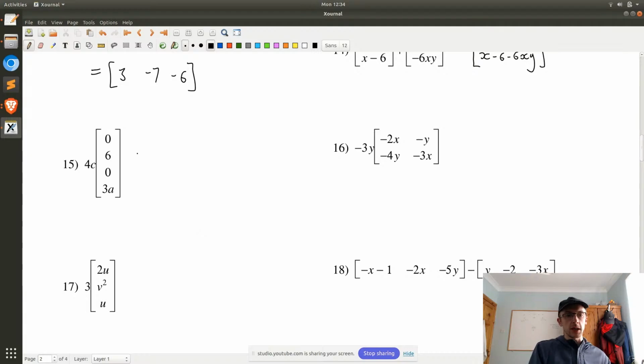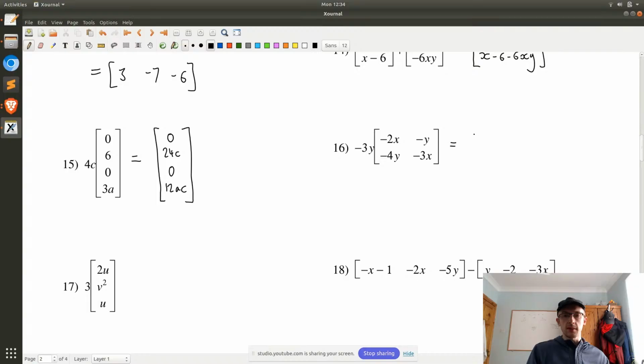We'll scalar multiply this column matrix by 4c. So we're going to have 0 here, 24c here, 0 there. Now what's 4c times 3a? Well, that would be 12ac. Bingo, we did it.